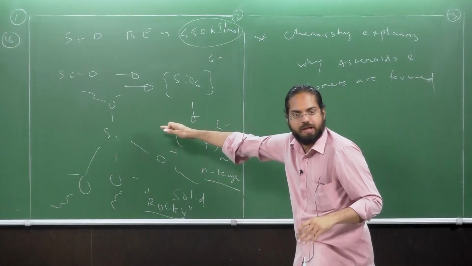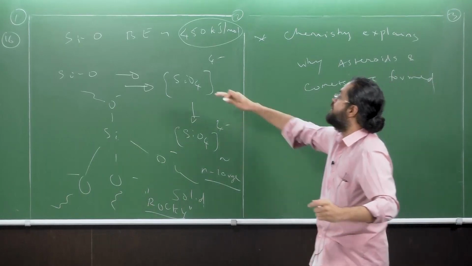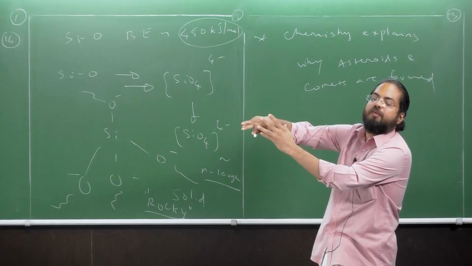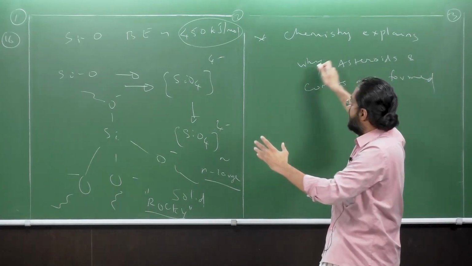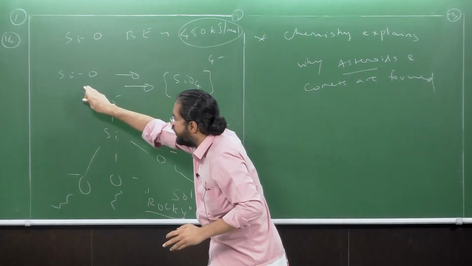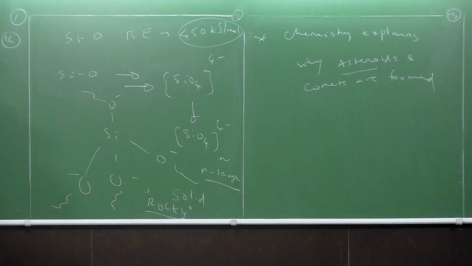Once we study thermodynamics, for ISM, we can actually predict how much energy would be associated with each process and how much energy would be gained in the formation of an asteroid and comets, etc. I mean, asteroids from this SiO molecule, and the comets, based on the CO ices.